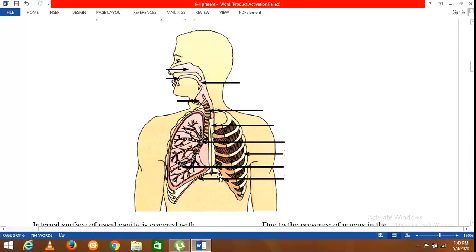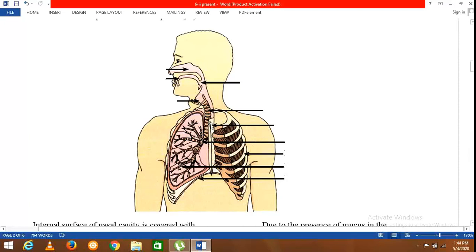In addition to that, I told you these lungs are inside the thoracic cavity, so these lungs get protected from external pressure and all by these ribs. There is the rib cage, and these ribs are connected to the sternum.